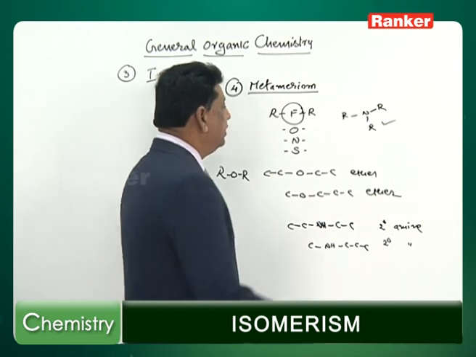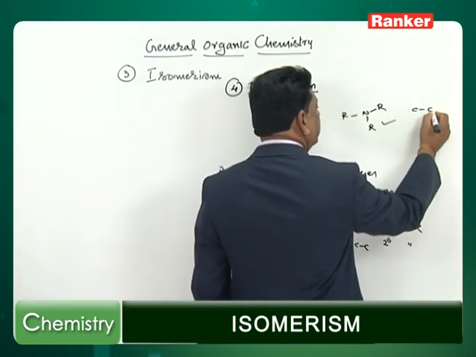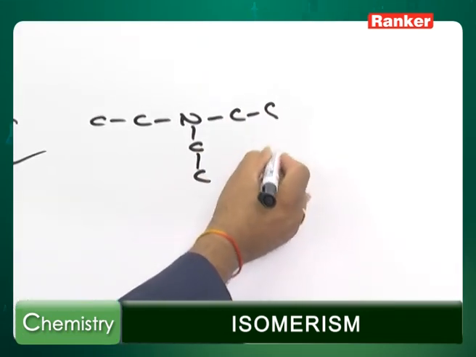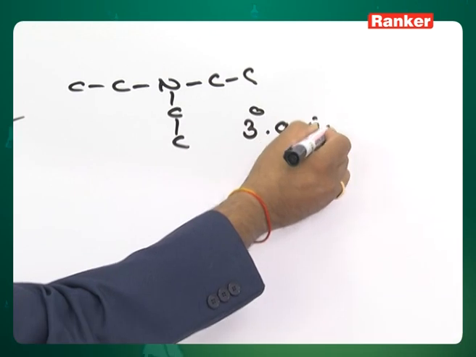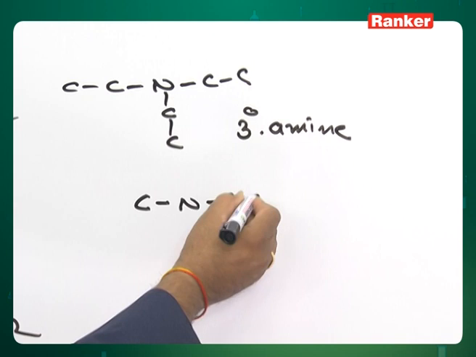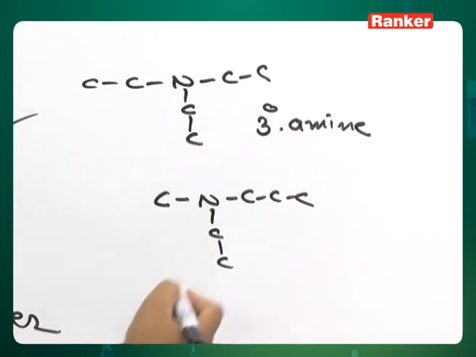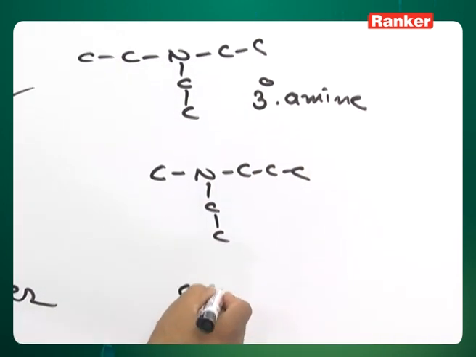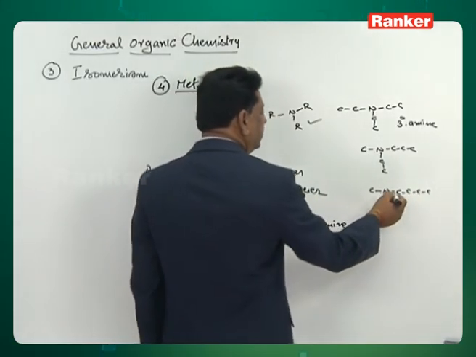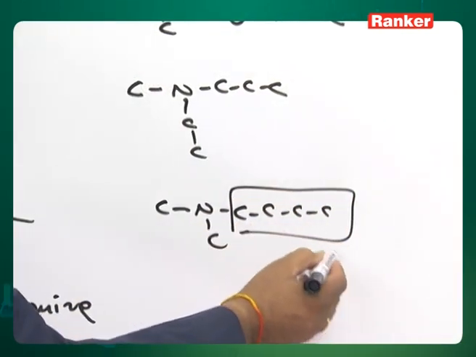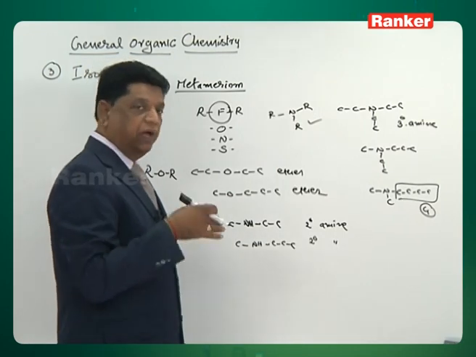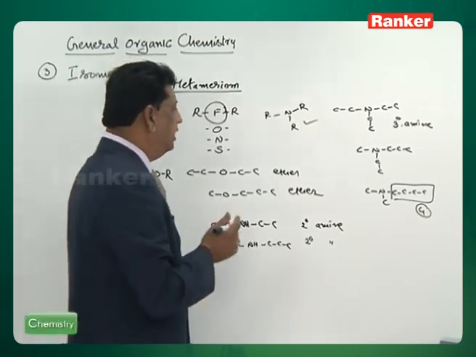In the 3-degree amines also it is possible. Like I have 3 alkyl groups attached to a nitrogen, which is a 3-degree amine. I can have 1 carbon that side, you can make propyl and ethyl. 1 more carbon you can change to butyl. Actually, this butyl can be 4 types: n-butyl, isobutyl, tertiary butyl, secondary butyl.